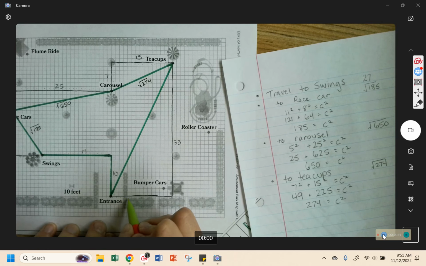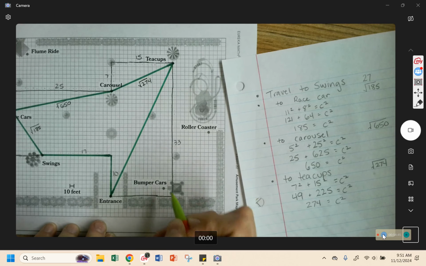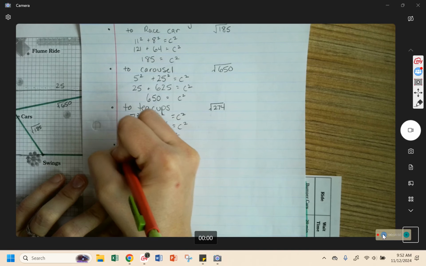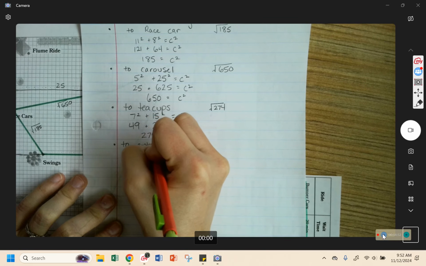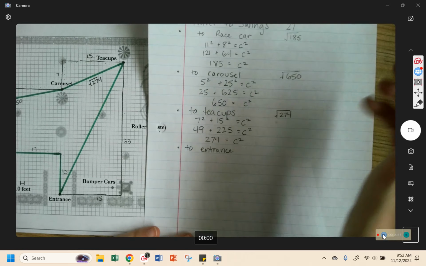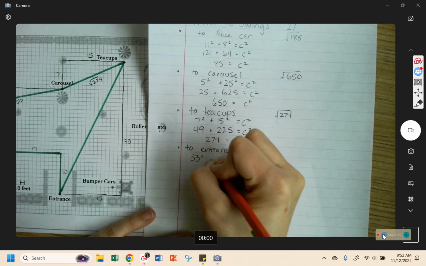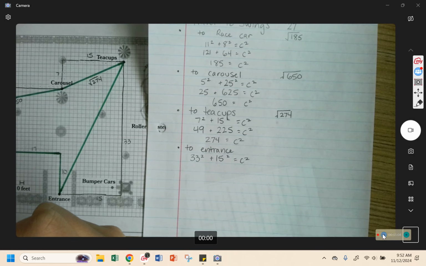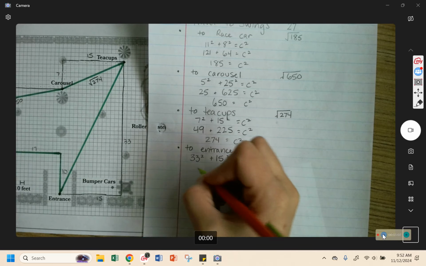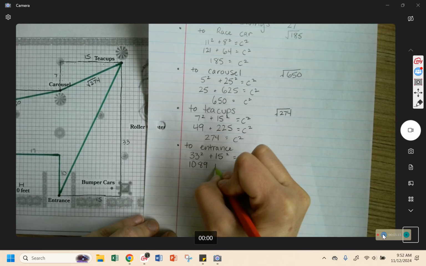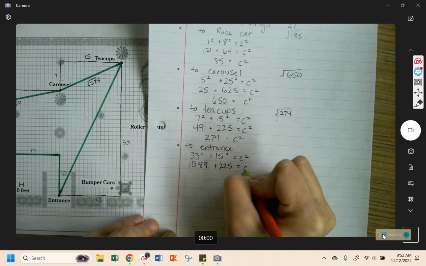And 15 up. So to the entrance, we had 33 and 15. 33 squared is 1,089. 15 squared is 225.